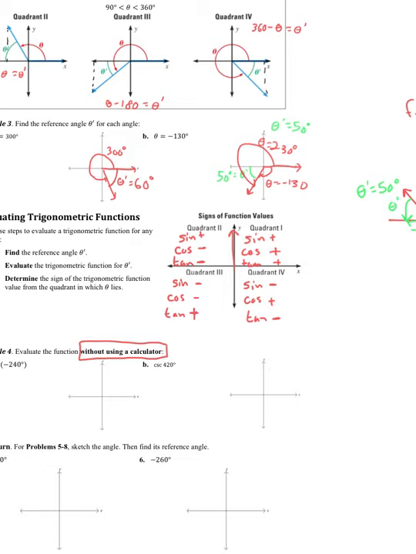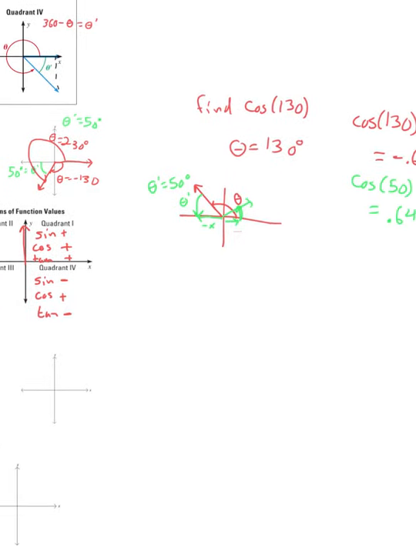The rule for quadrant 1 is they're always going to be positive in quadrant 1. Let me show you real quick. In quadrant 1, let's say I want to do theta equals 30 degrees.